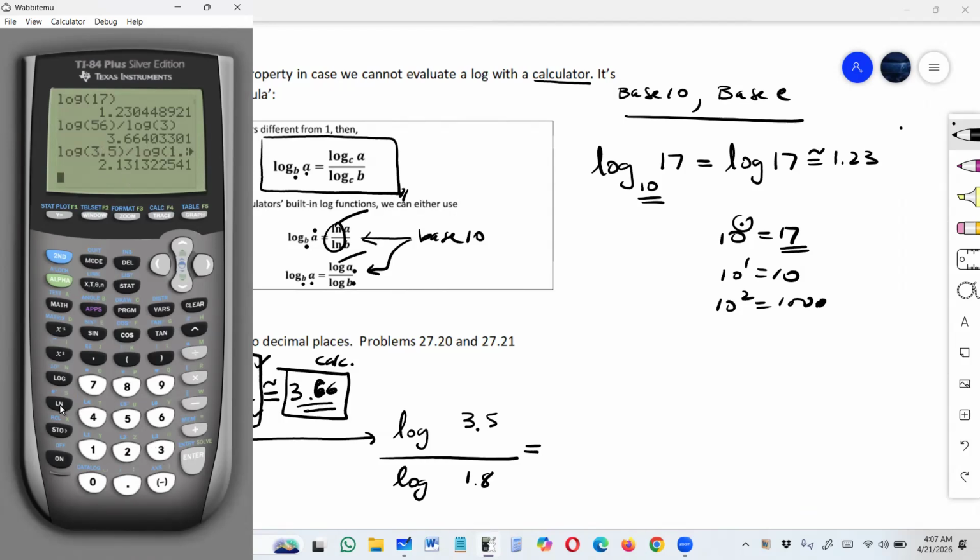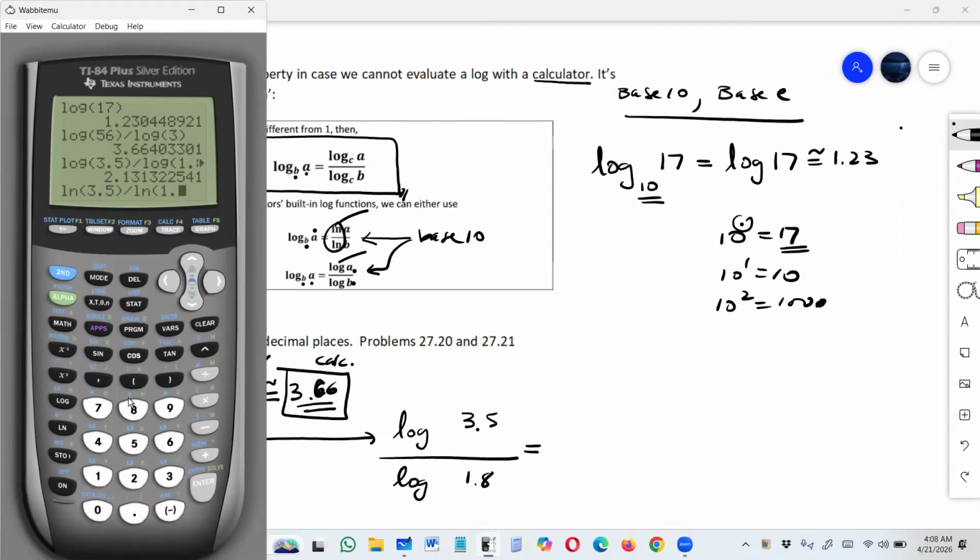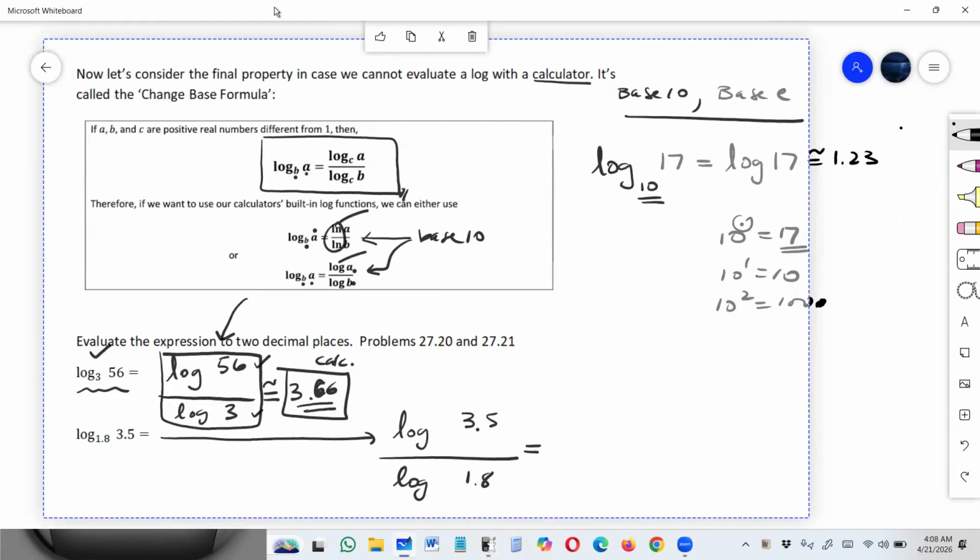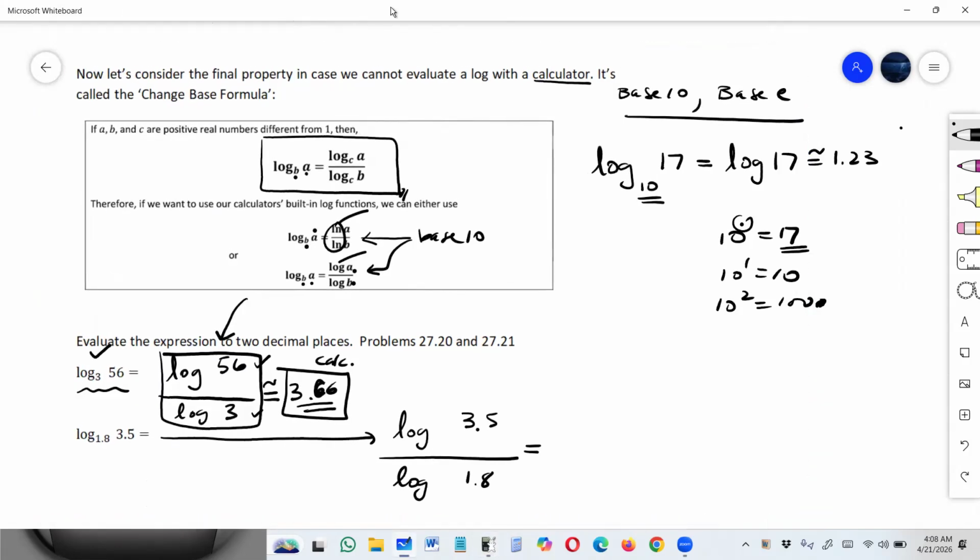Natural log of 3.5 divided by natural log of 1.8, obviously using natural log for both, and here is where you're going to see the same answer, 2.13. There you go. So it doesn't matter if you use natural log or base 10 log. The answer is the same.